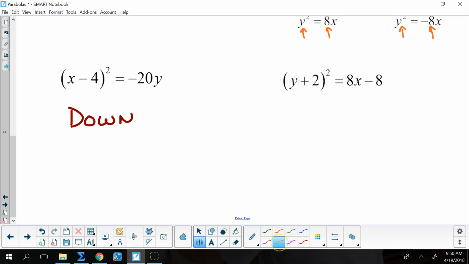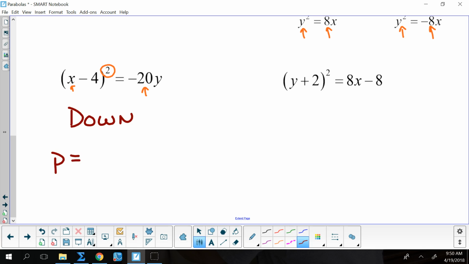So my 2 checks are, here's my x variable, it's being squared, so that's up or down. The number in front of the non-squared variable is negative, so it opens down. What's the value of p then? Sam? 5.